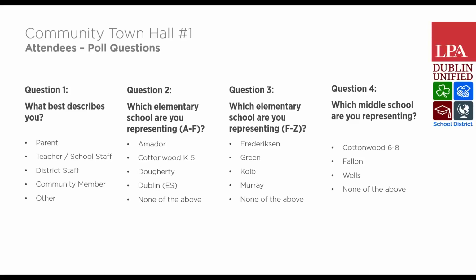I just want to preface, because of the platform, we're only able to put 5 choices on each question. So the next question will ask you what elementary school you're representing.